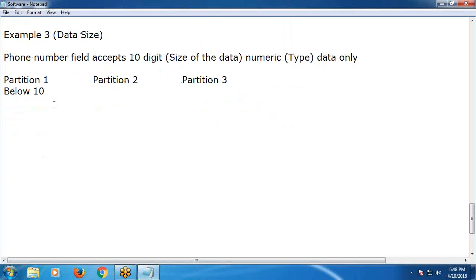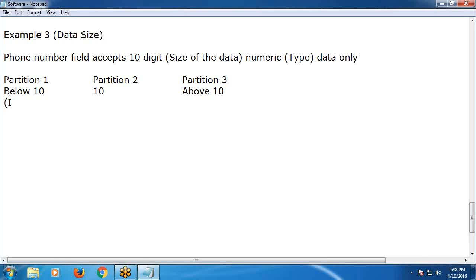Below 10, this is one partition. Next, 10. Next, above 10. See, first one. Observe, Krishna Chaitanya, below 10, valid or invalid?